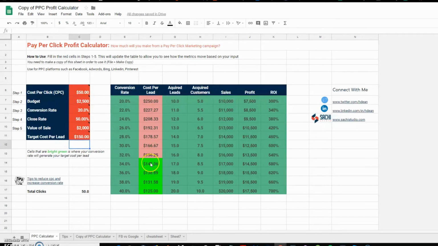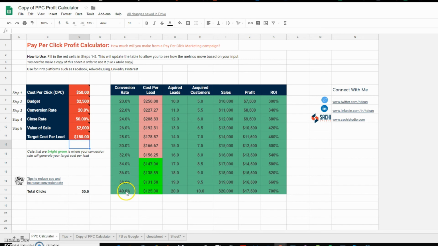Now, what you'll see is that these green cells right here are basically saying that I'm able to achieve my target cost per lead of $150 or under with these conversion rate numbers. So at a 34% conversion rate, I'll be able to hit my CPL.